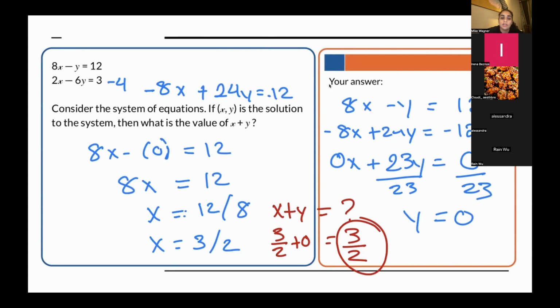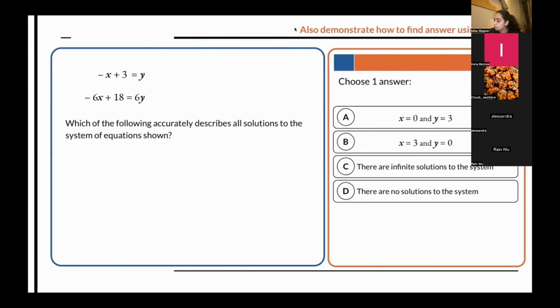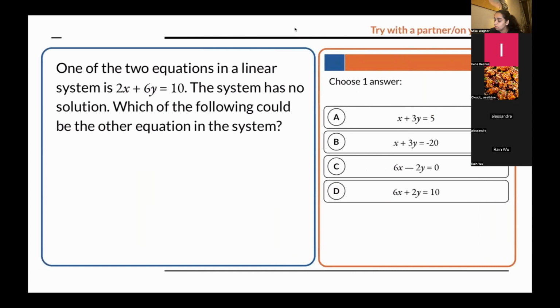Are you talking about this one or this one? Let's see if Connie answers. Yeah, Connie, you can go ahead and give an example.